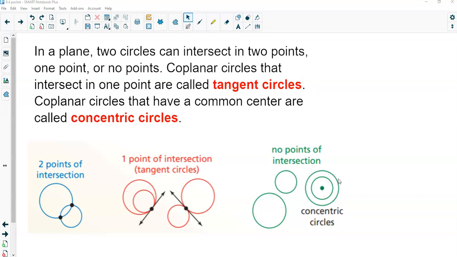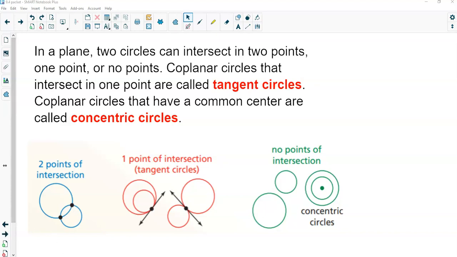Like you have a target. These are concentric circles, and then these have no point of intersection. See, there is no point of intersection. 2 points of intersection, 2 circles connect at 2 different points. You could have that. You have 1 point or no point of intersection.